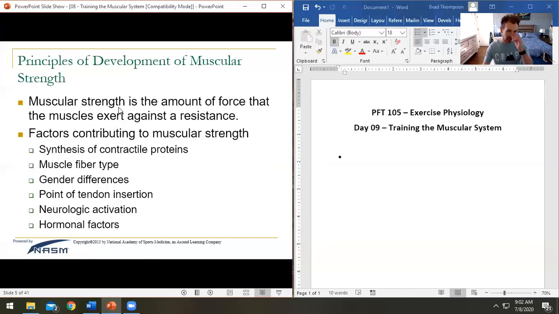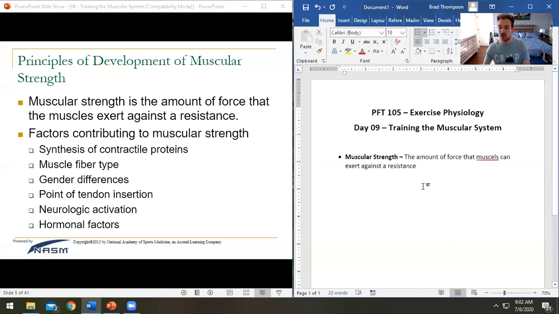So if we're looking at developing muscular strength, first we need to define what we mean by strength. Muscular strength, if we give it its own definition, is the amount of force that muscles can exert against a resistance.